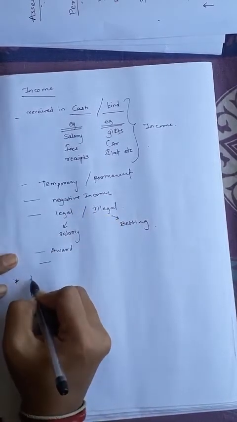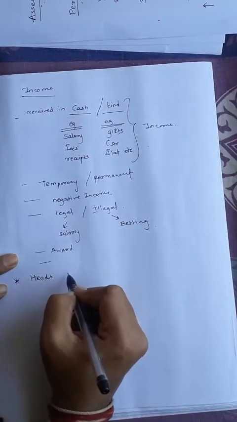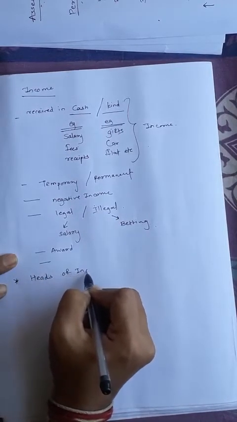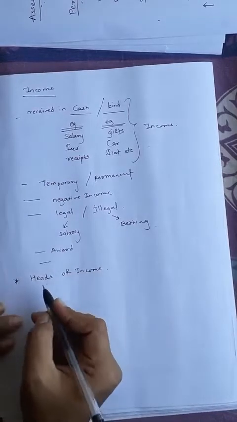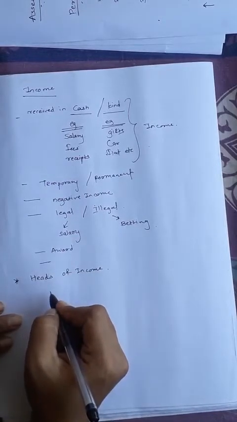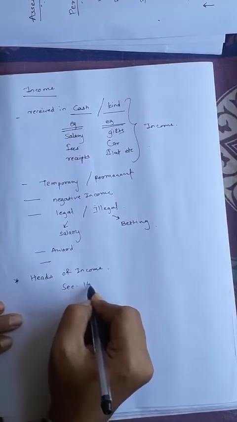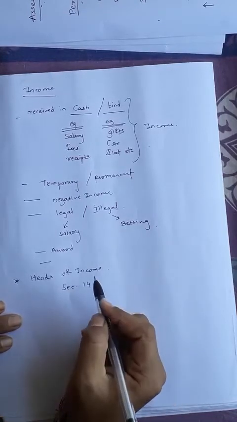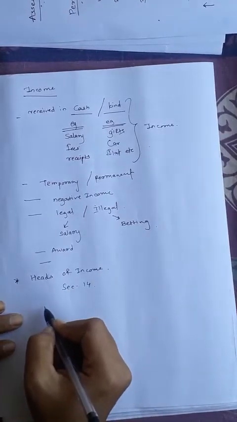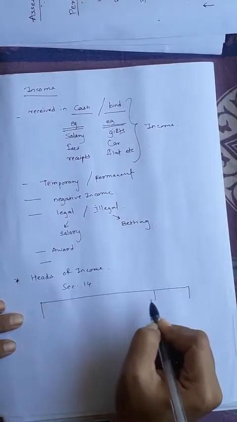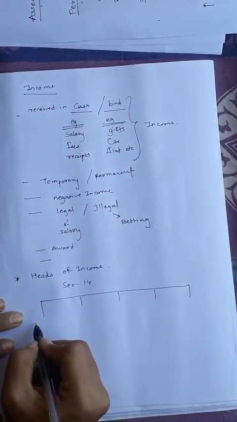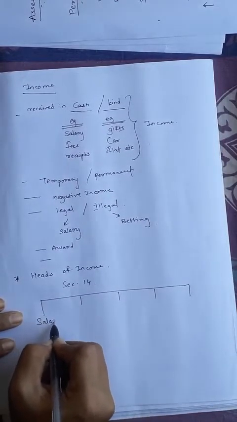Then now we will discuss some of the important heads of income. According to section 14 of the Act, all income of a person shall be classified under the 5 heads. The first head is income from salary.